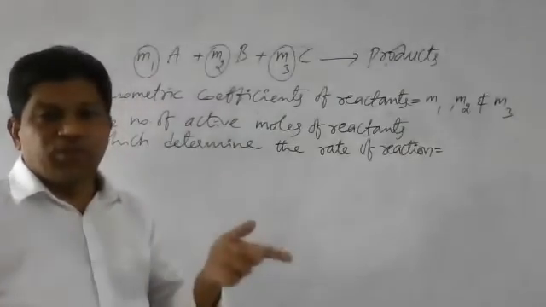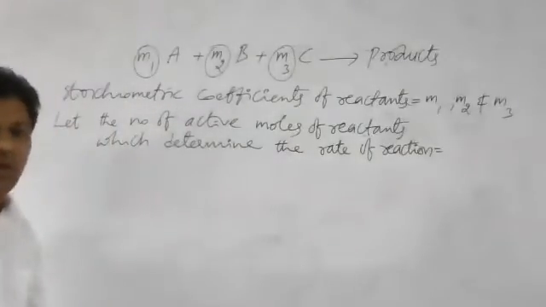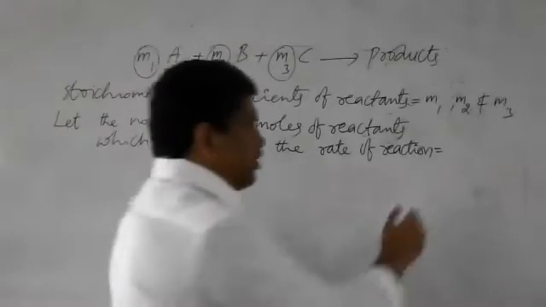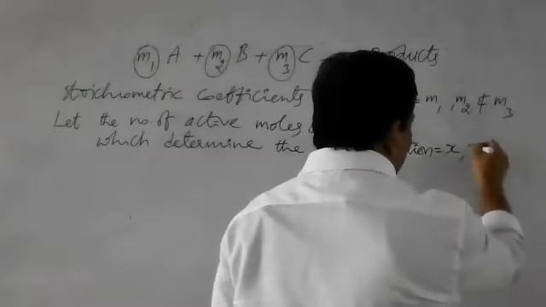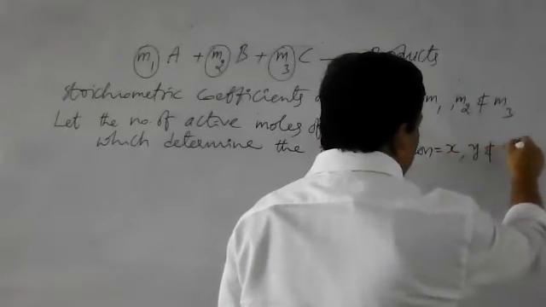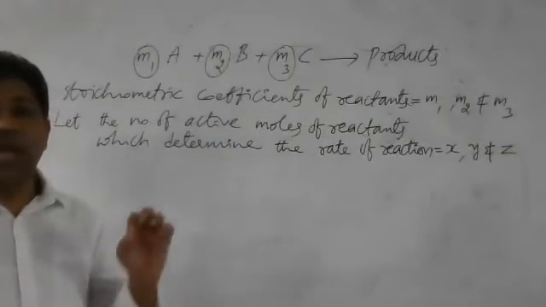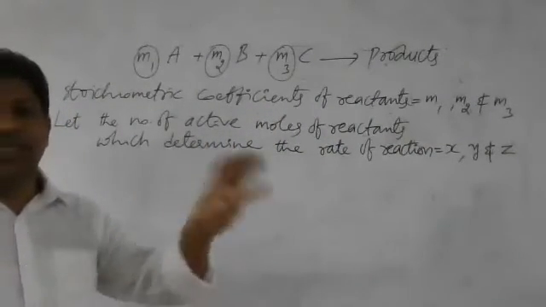Suppose I take X, Y and Z. X, Y, Z are the number of active moles of A, B, C.